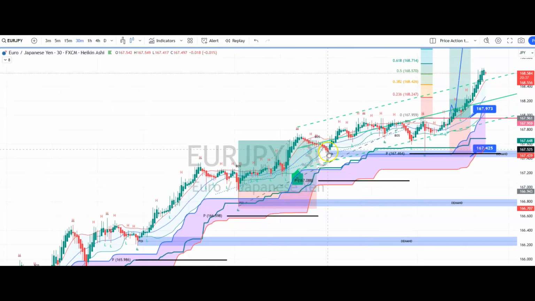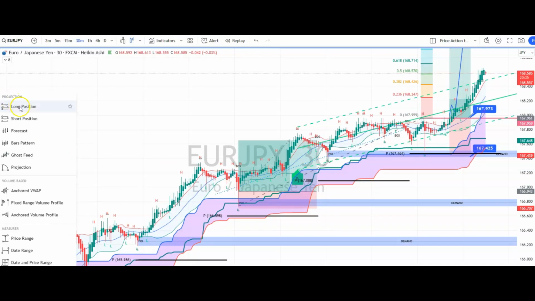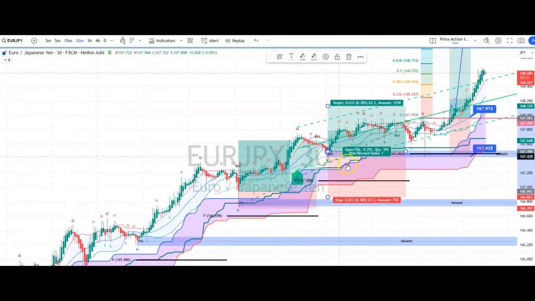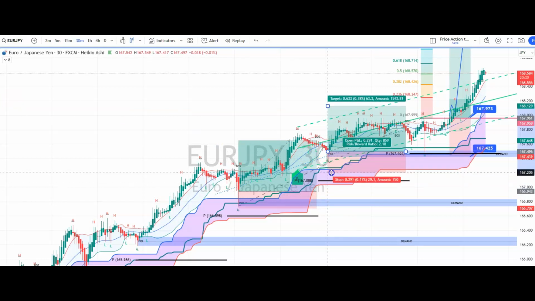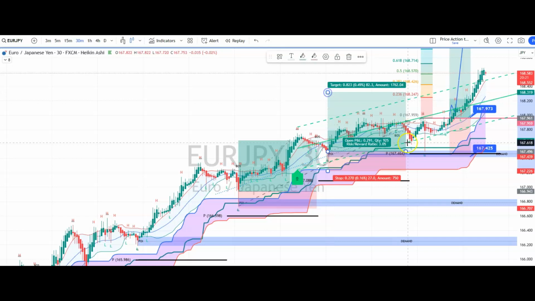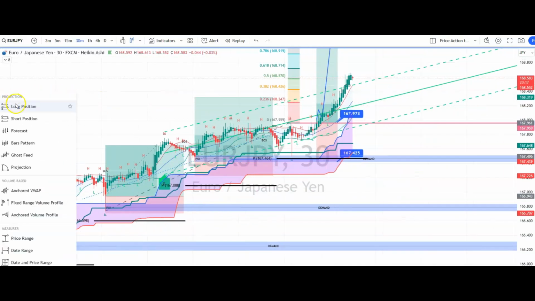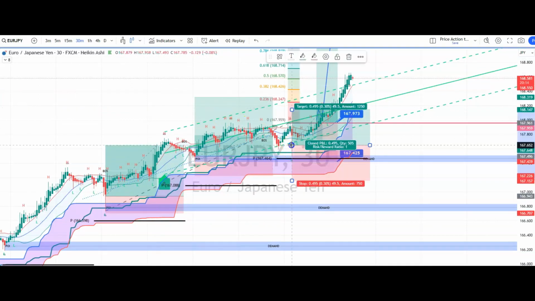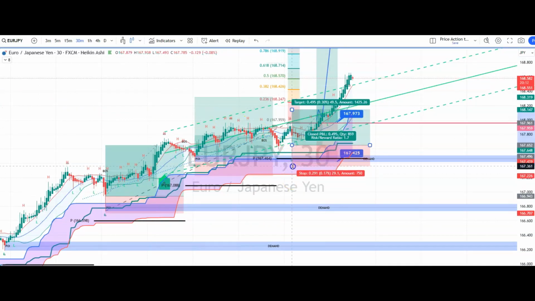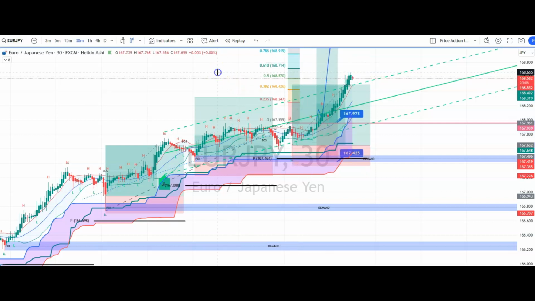So if you want to be a complete sniper trader, you'll have more trades more often if you go 3 times.